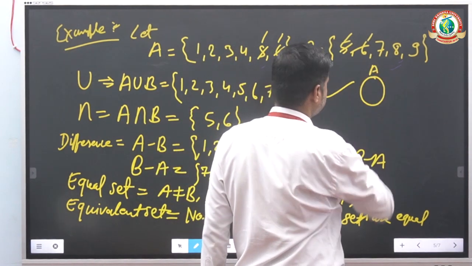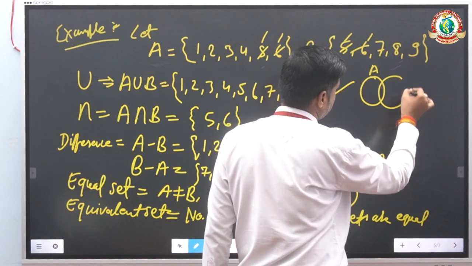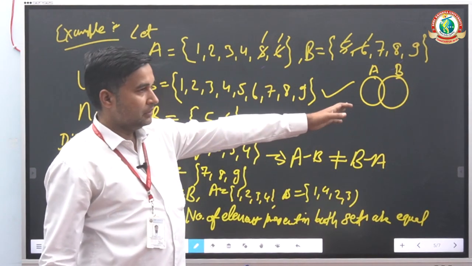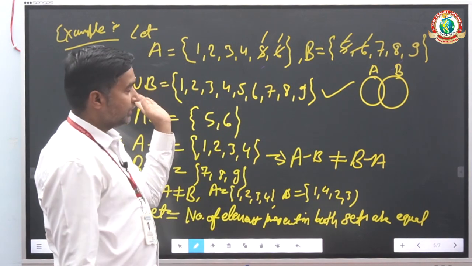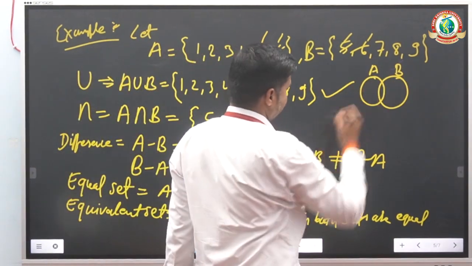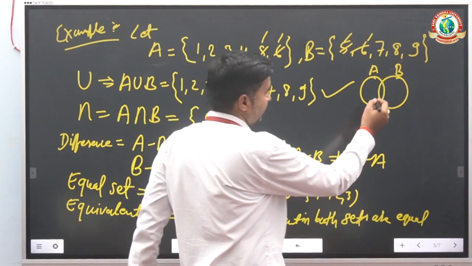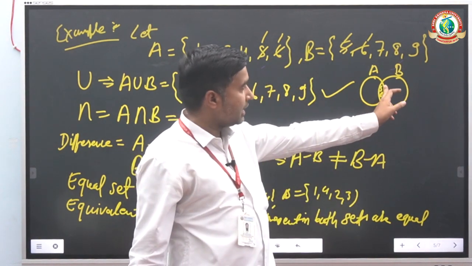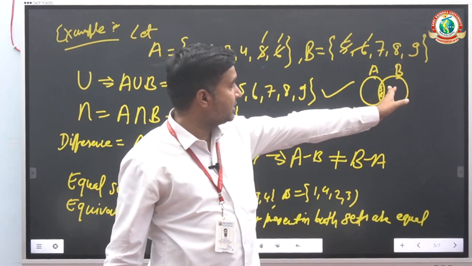Now the Venn diagram representation, here union. A and B. This is the Venn diagram for union, A set and B set. Here we write 5 and 6, because 5 and 6 are present in both, common in both sets.